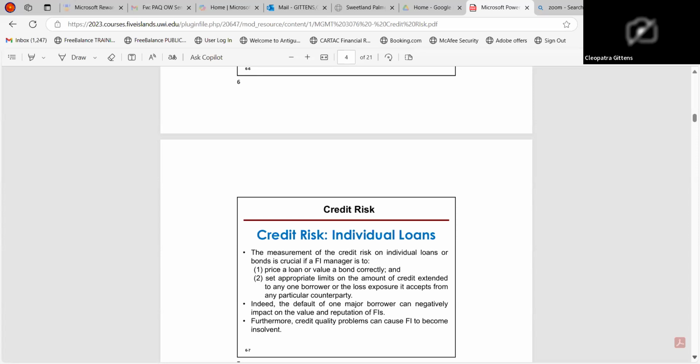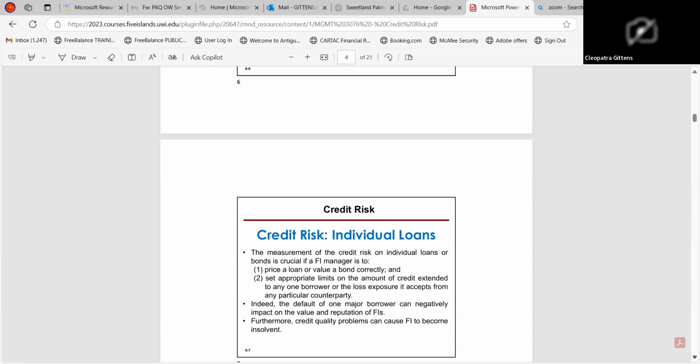And so limiting how much it gives to one borrower reduces the amount of money that it will lose if that individual defaults on it. If several of its borrowers default, then the financial institution can become insolvent.